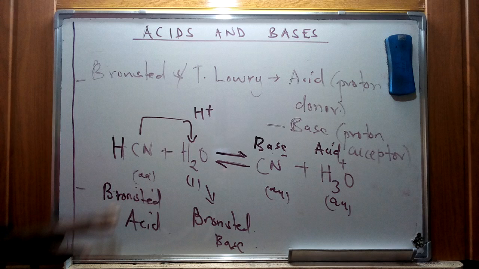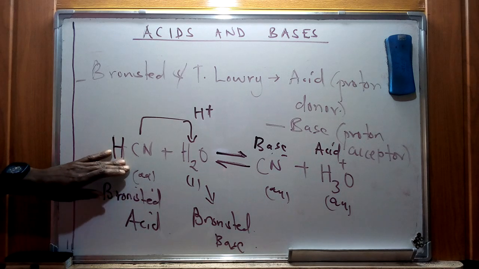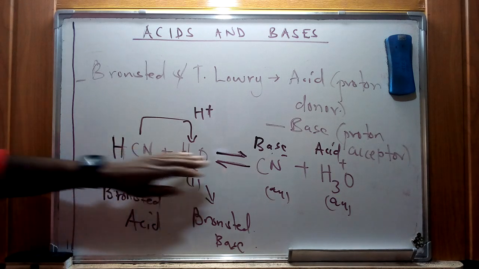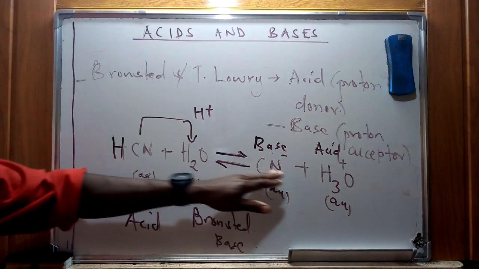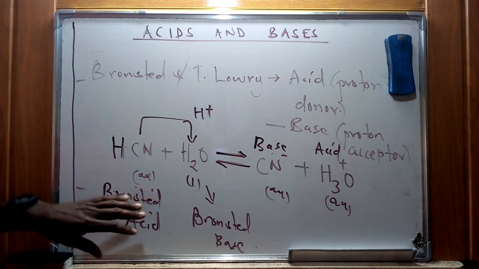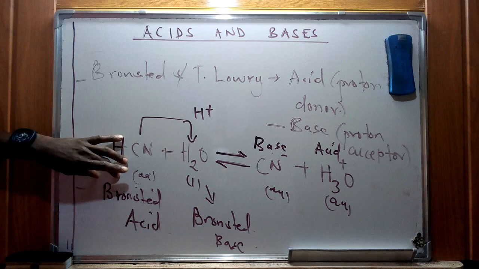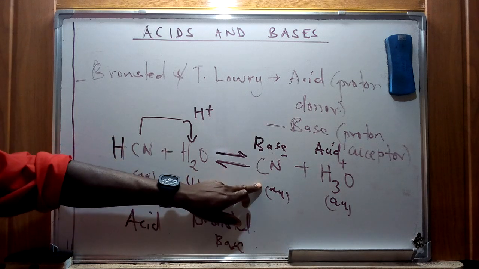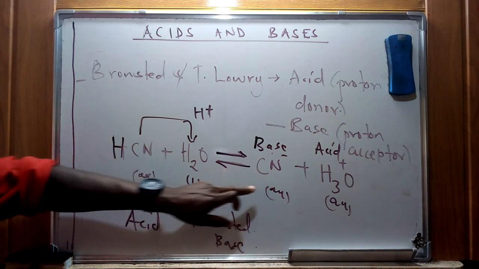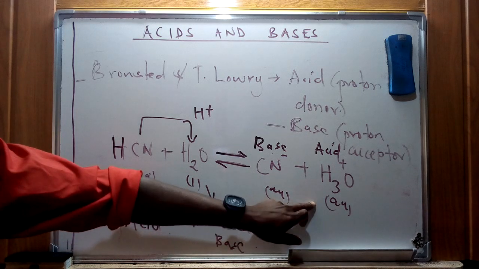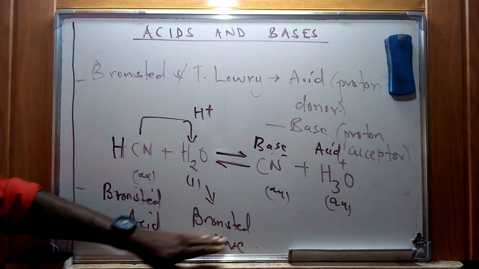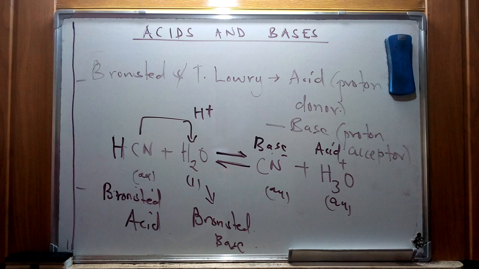So from the forward reaction forming the product, we consider this pair to be the Bronsted acid and conjugate base, and we also consider the water and the hydronium ion to be the Bronsted base and acid respectively.